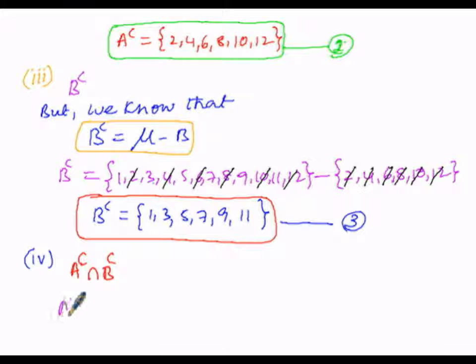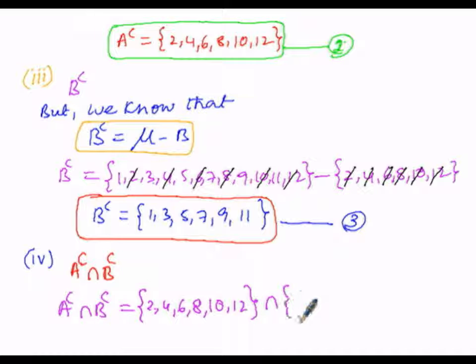In order to find A complement intersection B complement, we write the A complement elements. A complement elements are 2, 4, 6, 8, 10, 12, intersection with B complement. B complement elements are 1, 3, 5, 7, 9 and 11.